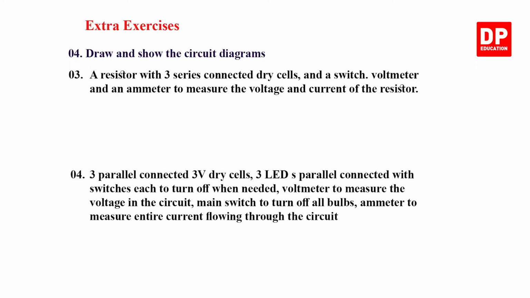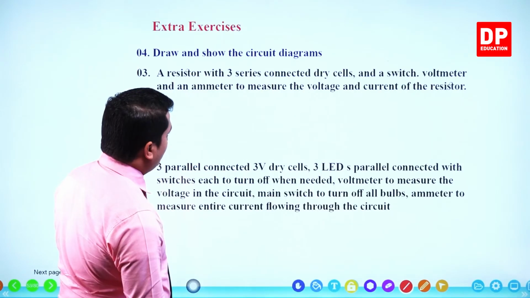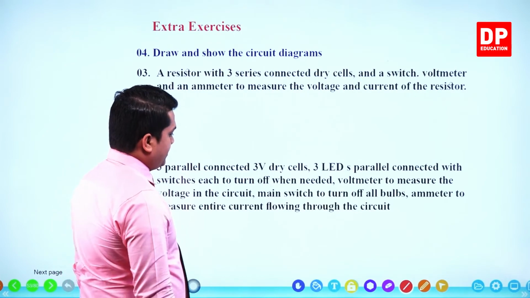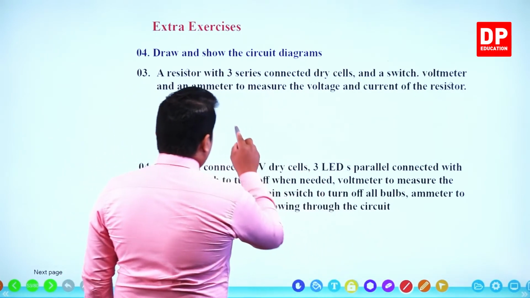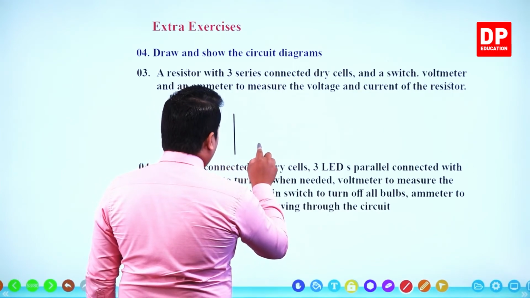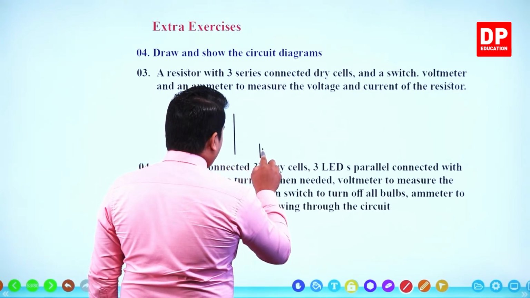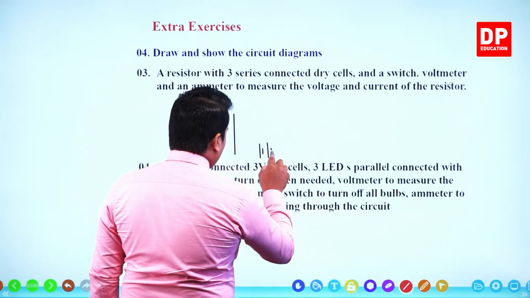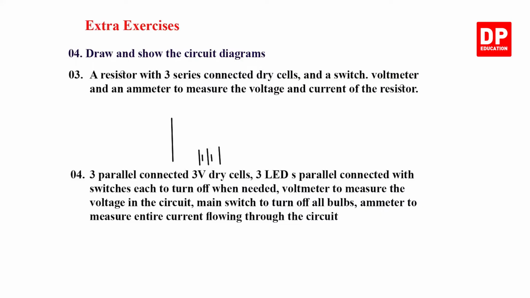Resistor with 3 series connected dry cells and a switch, voltmeter and an ammeter to measure the voltage and current of the resistor. Simple. 3 series connected dry cells, 1, 2, 3.